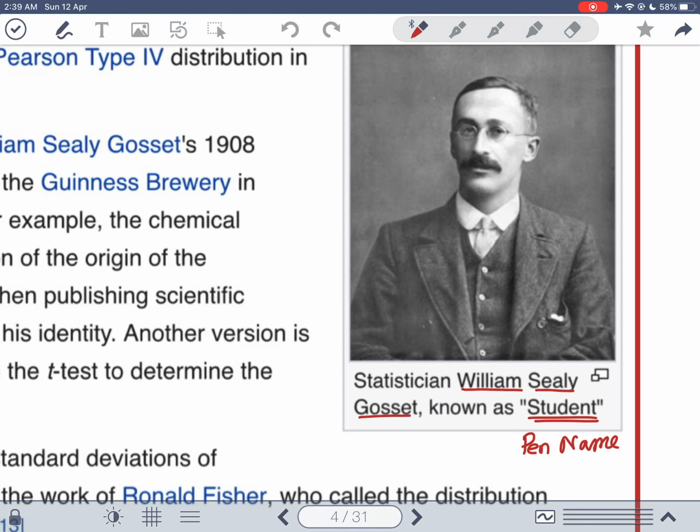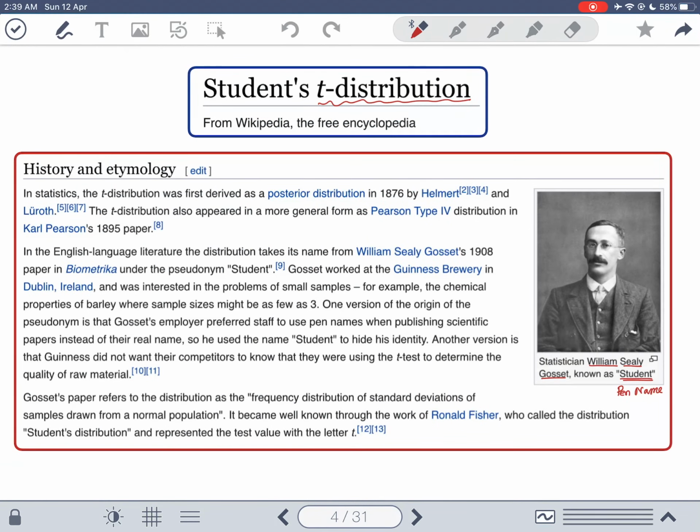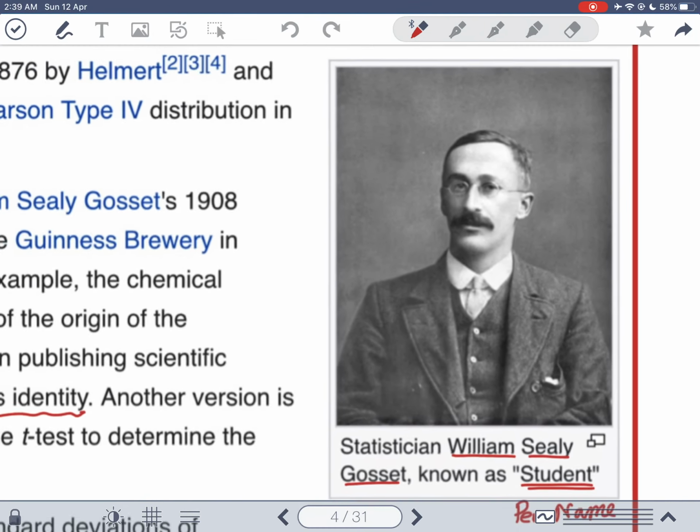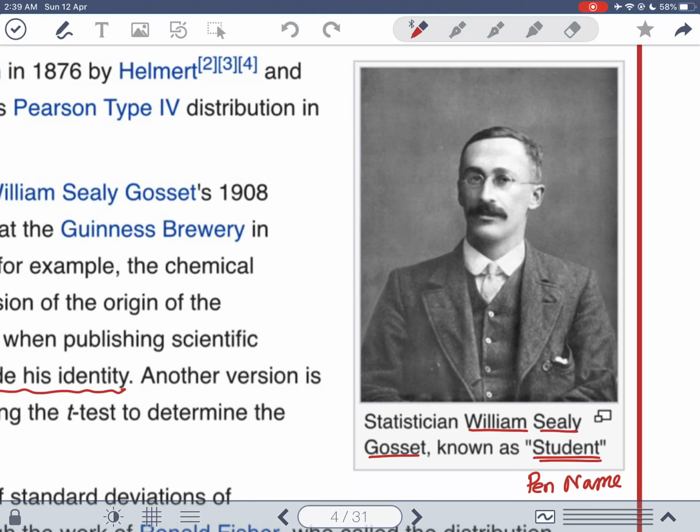In his time, he was not allowed to publish his result with his name, for some reasons that you can read here in the history. But just see that he used the name Student to hide his identity. And what was this man interested in? He really was interested in samples that had a small sample size, small n.